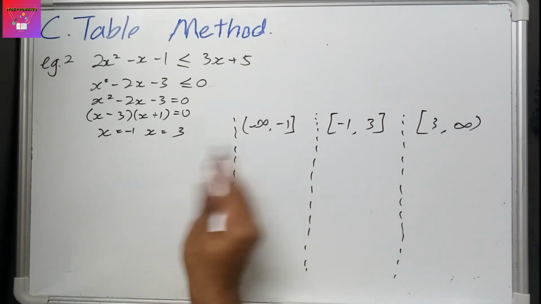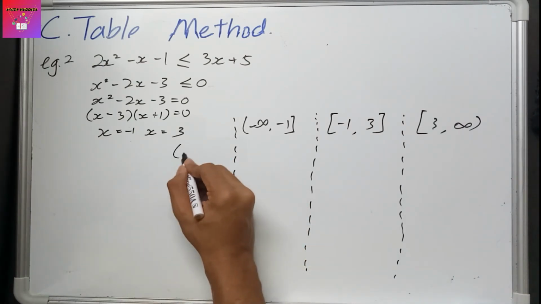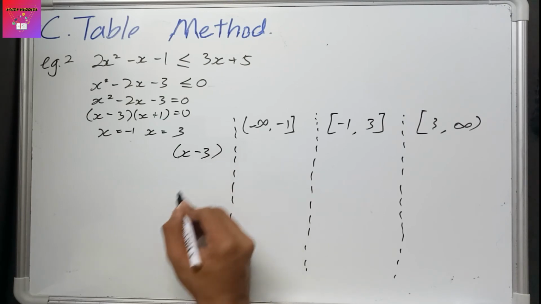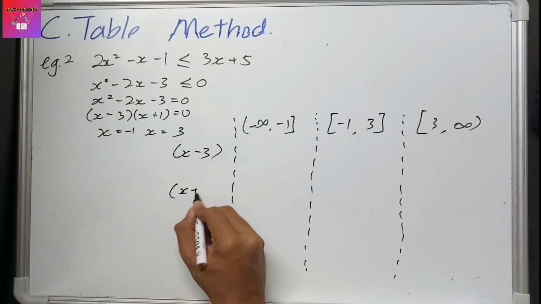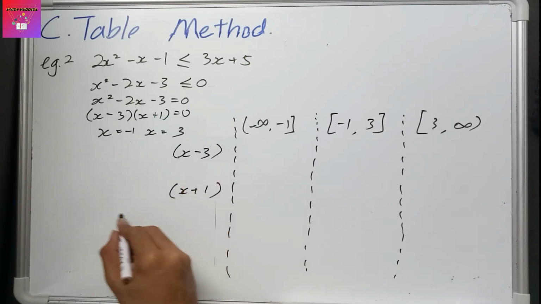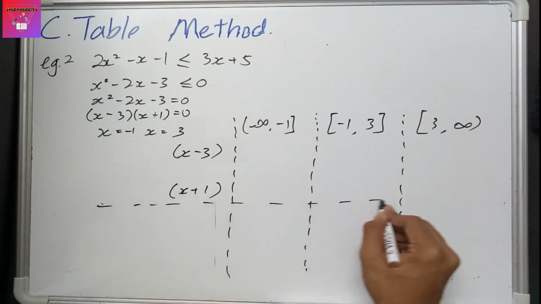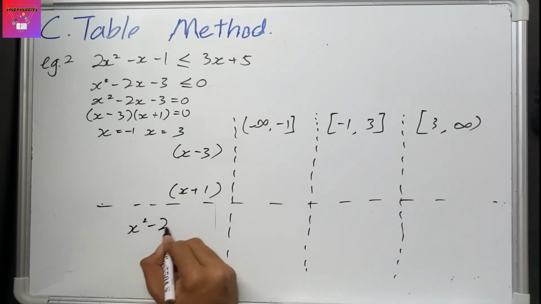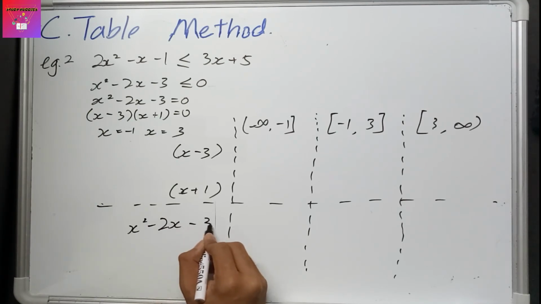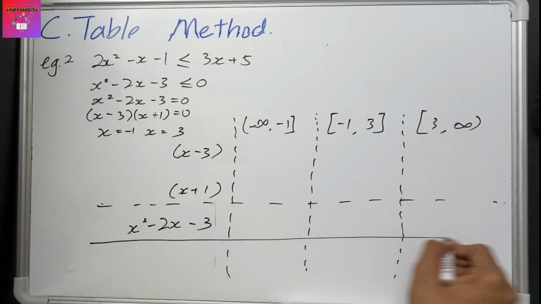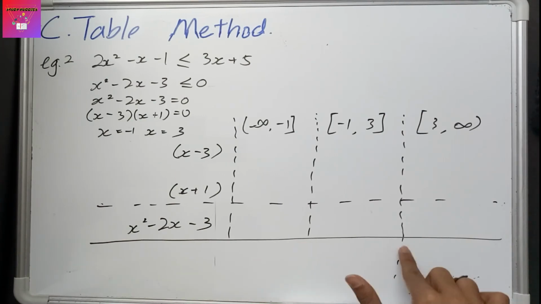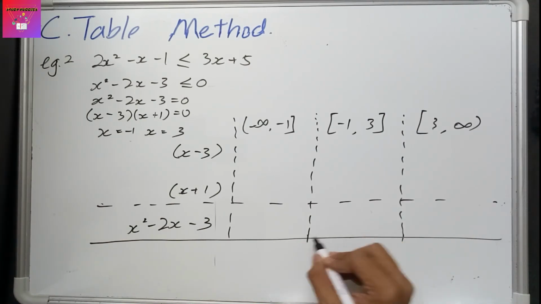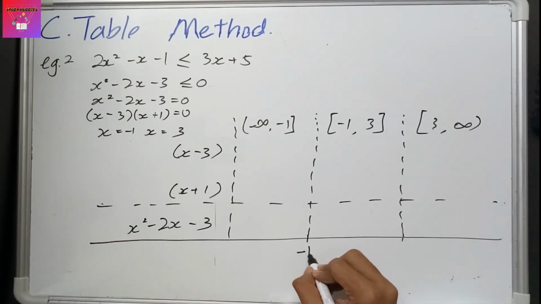Okay, and on this side we'll be writing values x minus 3, and for the second one x plus 1, and at last the product of both of these, which is going to yield a result of x square minus 2x minus 3. So I'll draw a complete number line over here, which has the values negative 1 and 3 respectively.